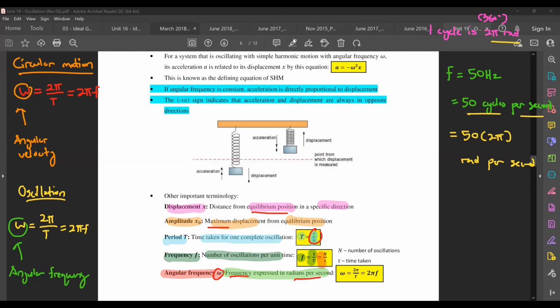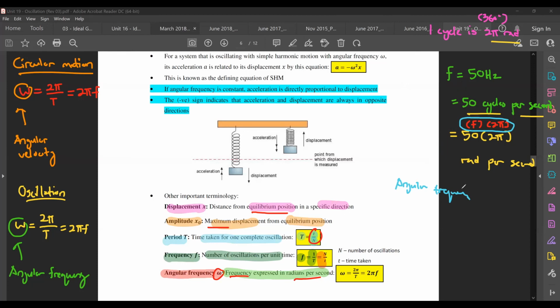So when I take the frequency and multiply it by 2 pi, this is what I will call my angular frequency. This is what I call my angular frequency.